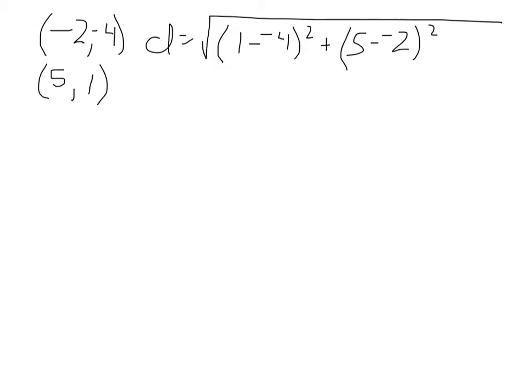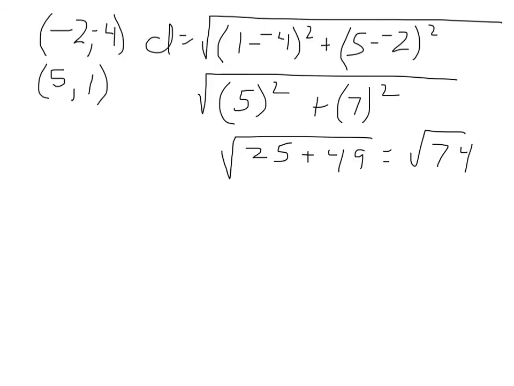You have the square root of the quantity of 1 minus negative 4, you have to do your y's together, 1 minus a negative 4, quantity squared, plus 5 minus a negative 2. If you start with your 1, then you subtract your negative 4, then you do the x's, the 5 minus the negative 2. And as you can see, when we simplify this, we still get the square root of 74 for our answer.